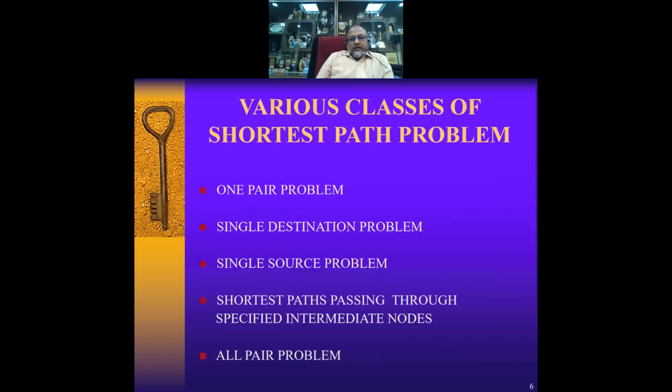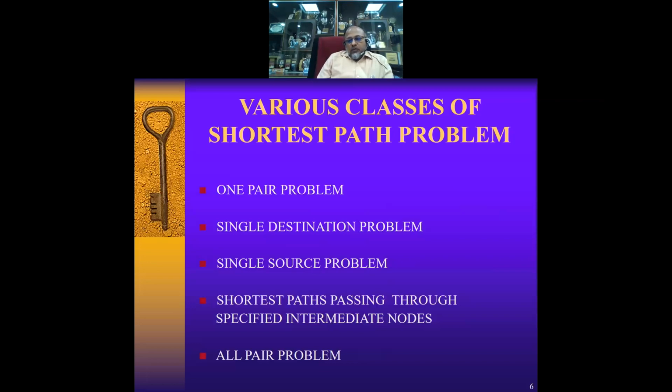What are the different classes of shortest path problem? For example, the one pair problem, single destination problem, single source problem, shortest paths passing through specified intermediate nodes, and the all pair problem. These are the different classes of shortest path problem. Now, what is a one pair problem?